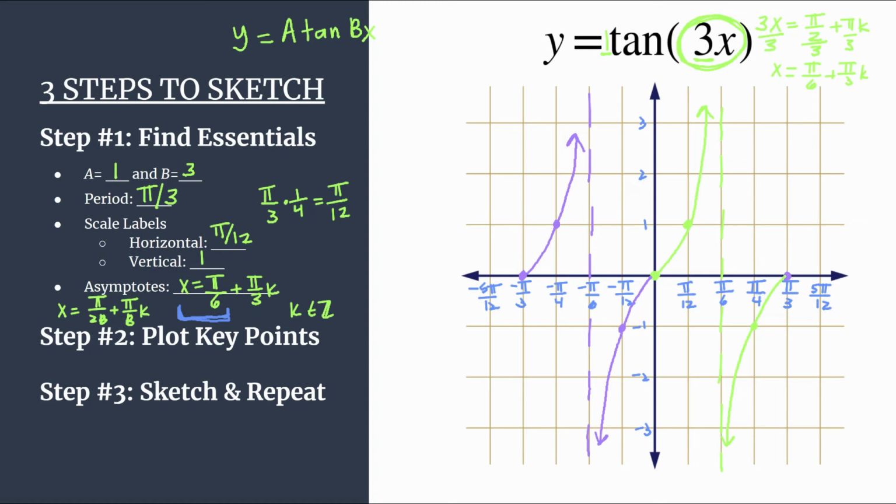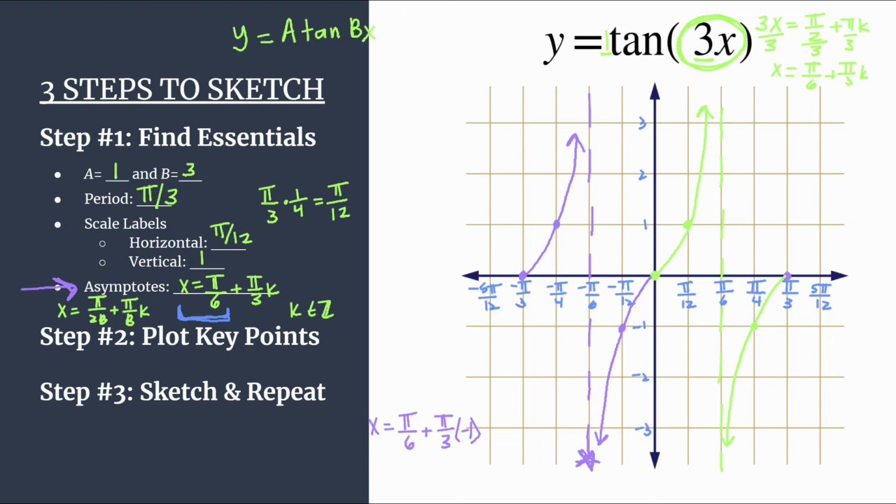So one quick note on this asymptote right here at negative pi over 6 can be found if, in your equation, you look back at the asymptote's equation and plug in k equals -1. So you can actually calculate that. We have x equals pi over 6 plus pi over 3 times -1 for k.